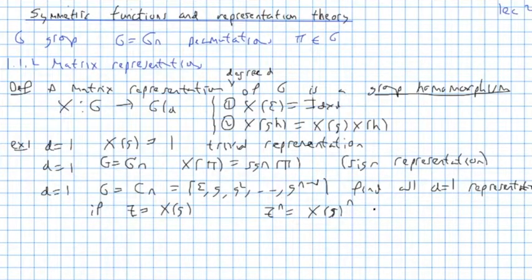Okay, so this is G. But by the second property, this is the same as the image of G to the n, X of G to the n. And this is the identity. And X of the identity is the identity 1 by 1 matrix, which is just 1. So if Z is the image of the generator, then Z to the n is equal to 1. So i.e. Z is an nth root of unity.